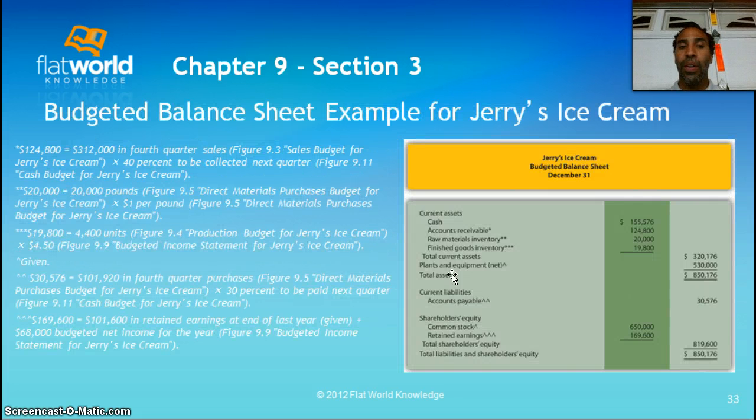So for the budgeted balance sheet, you look at that on your own. You can read the legend, but all they're doing is balancing the total assets and total liabilities and shareholders' equity. Right there, we both have the 850,176. So they do definitely tie.